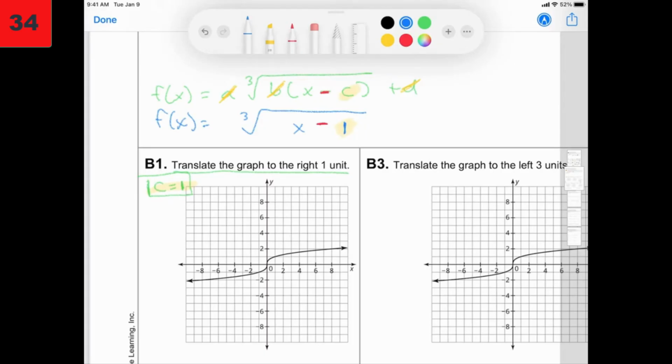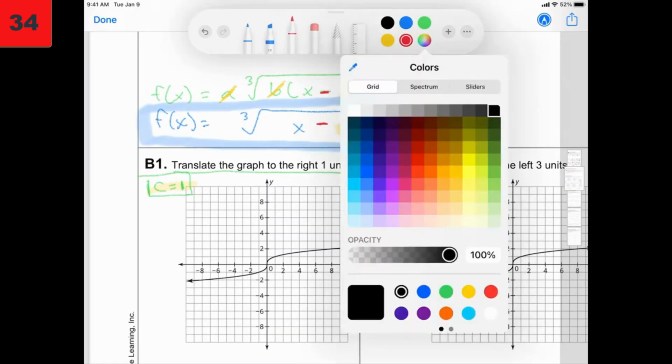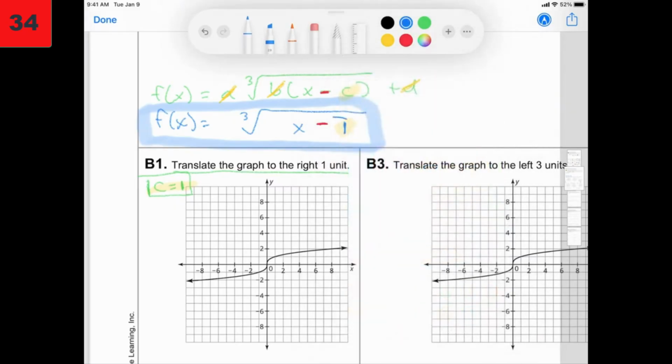Okay, so this is my answer. This is my equation. And again, I want to note that the difficult part for students on this one is that it's kind of opposite. It's a -1. So normally you think -1, you think you go to the left, but in this case we're going to the right and it's a positive value. Okay, so just write out the formula.